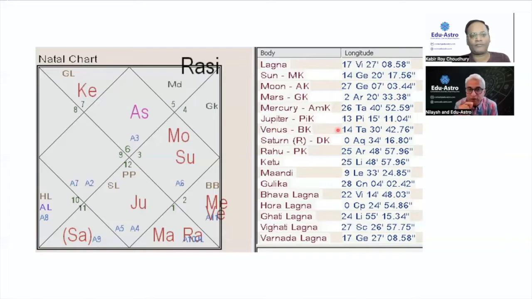Venus is closer than Sun: Venus is 14 degrees 30 minutes, and Sun is 14 degrees 20 minutes. Now in this chart, Sun, being the 12th lord, is placed in the 10th house, right?